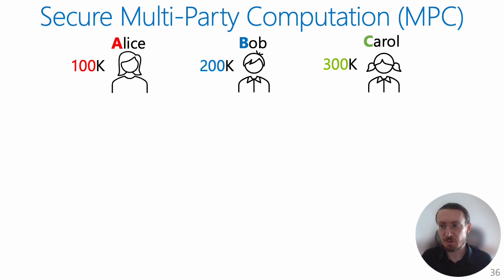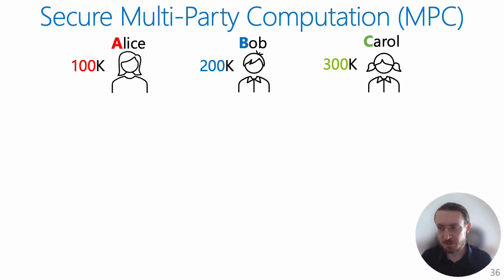This cryptographic protocol is used to jointly compute a function over some inputs while keeping those inputs private. This protocol distributes computation across multiple parties, and no individual party can see the other parties' data.